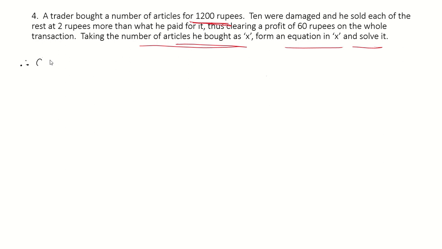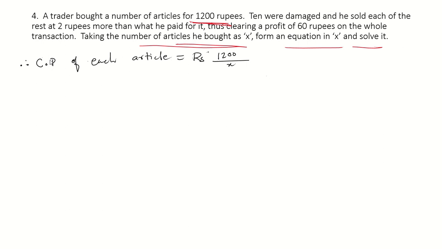Therefore, the cost price, CP is a short form of cost price, of each article. What will be the cost price of each article? It is rupees 1200 divided by x.